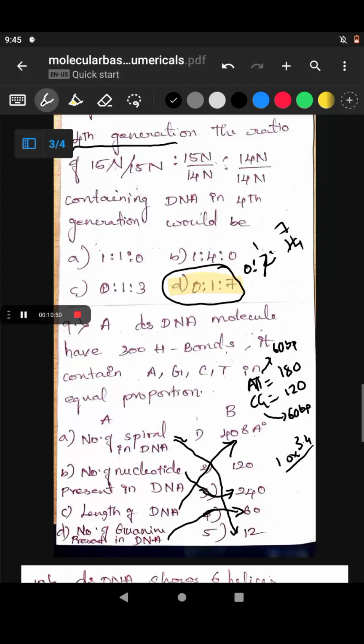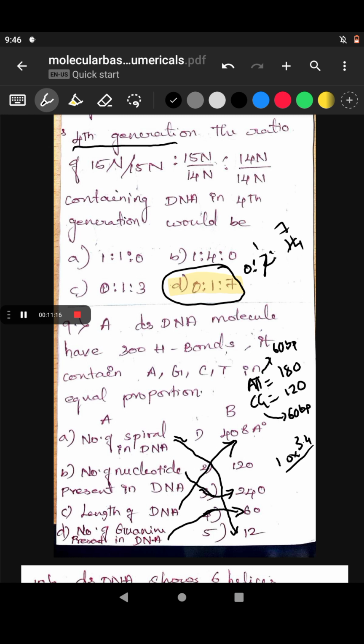Next: a double-stranded molecule has 300 hydrogen bonds and contains A, G, C, T in equal proportion. This is a problem I had already done, and I told you how to calculate it. 300 should be divided by 5, and we get 60. Adenine and thymine form double bonds, so 60 into 2 is 120.